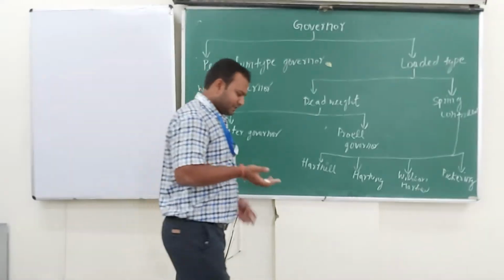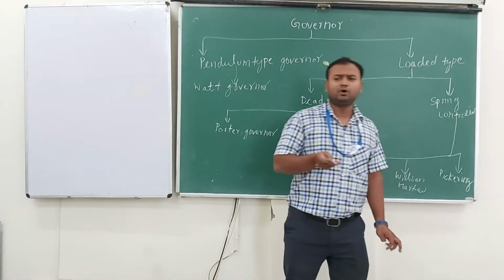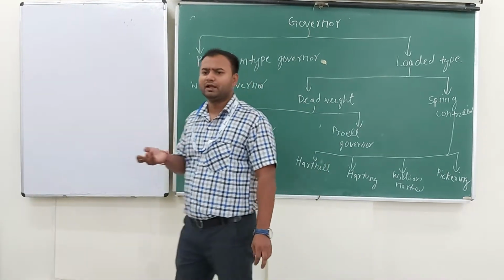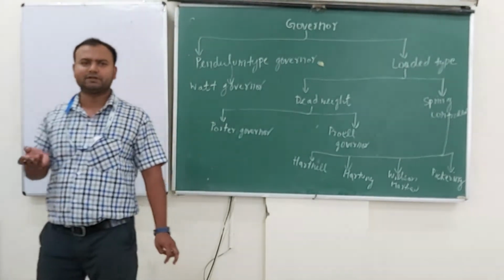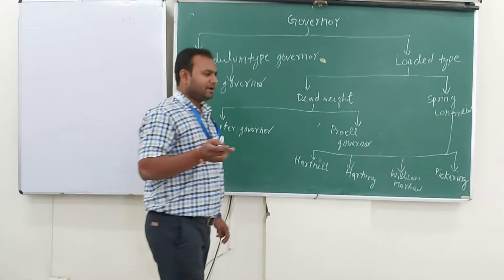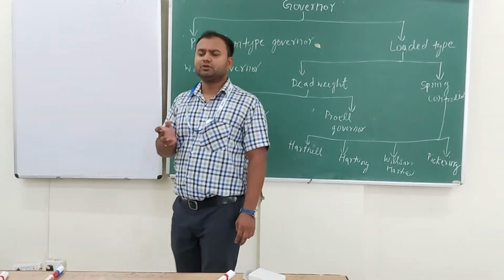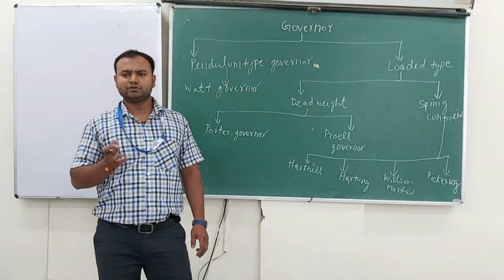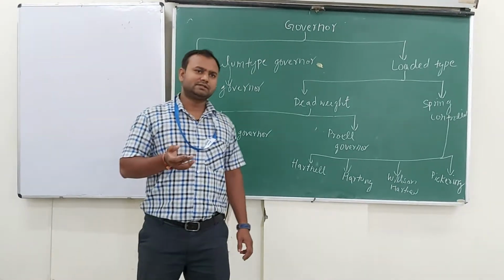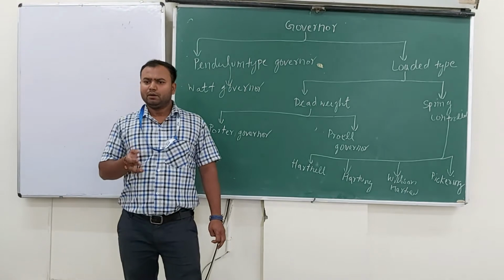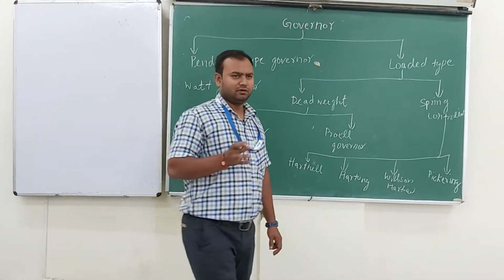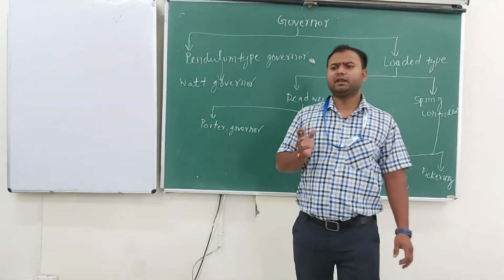Most of the time at present, a governor is not used in small vehicles like bikes, scooters, etc. Here we can govern this kind of vehicle by using the choke bar. In heavy vehicles we use governors. But nowadays we do not use any mechanical governor.